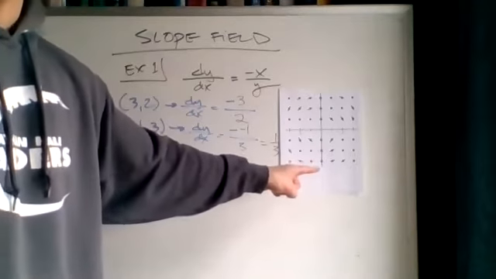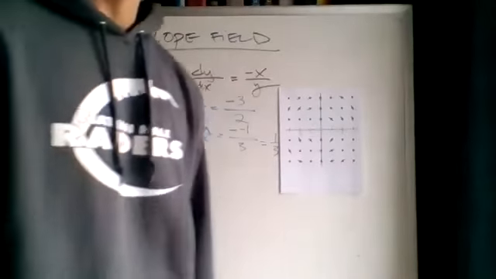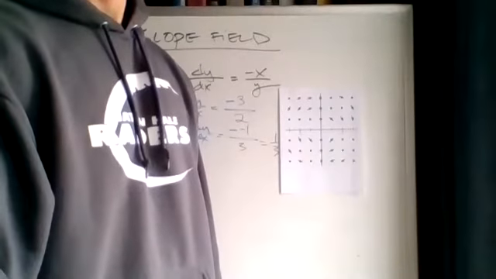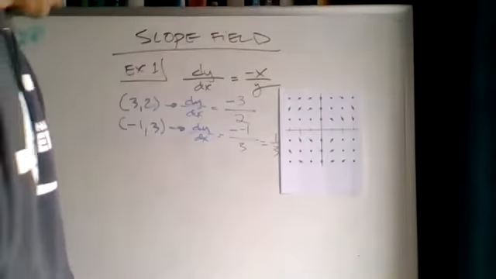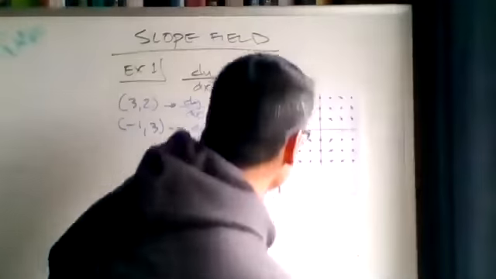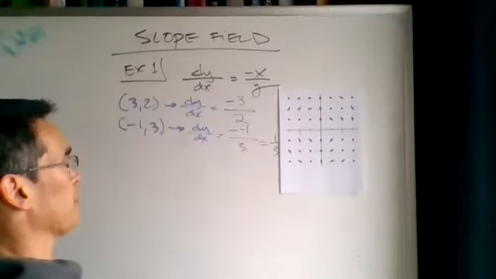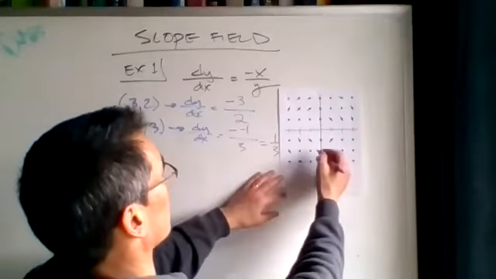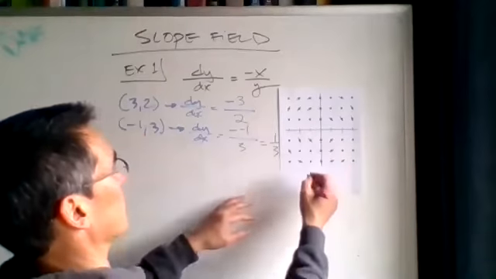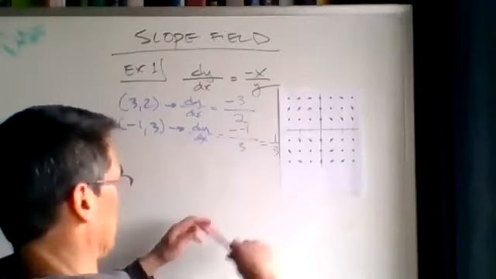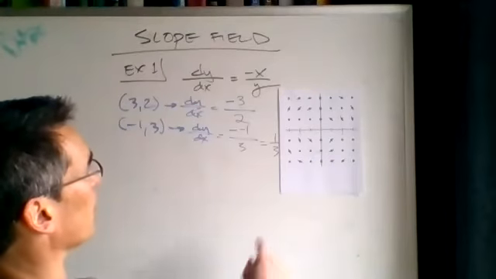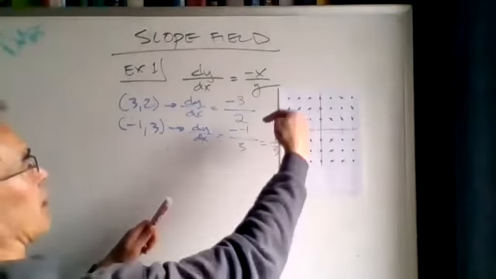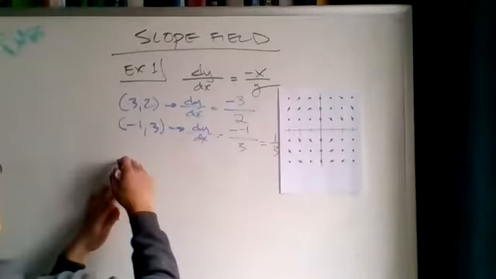Let's find one of these and draw it in. Which one should we do? Let's do that one. This is the pinky here. That is (-1, -2), right?